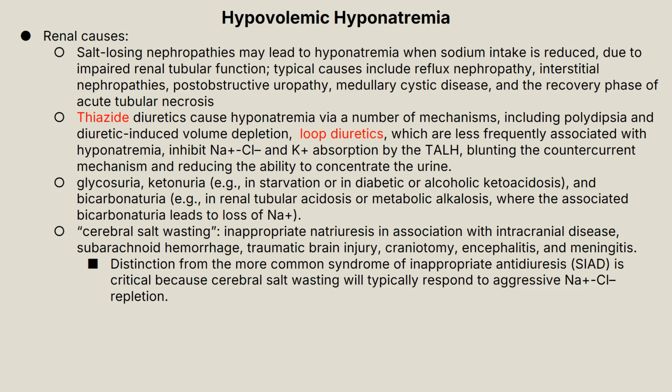There is a special entity called cerebral salt wasting syndrome, an inappropriate natriuresis in association with intracranial disease, such as subarachnoid hemorrhage, traumatic brain injury, craniotomy, encephalitis, and meningitis. Distinction has to be made between cerebral salt wasting syndrome and the syndrome of inappropriate ADH, as that is critical, because cerebral salt wasting will typically respond to aggressive sodium chloride repletion, while SIADH will not.